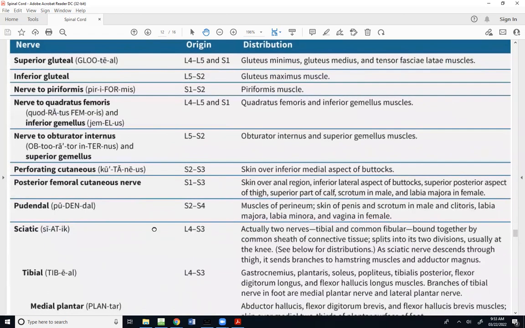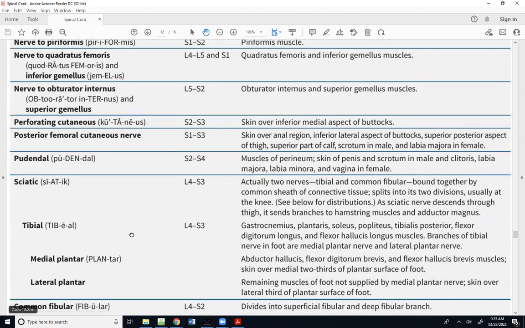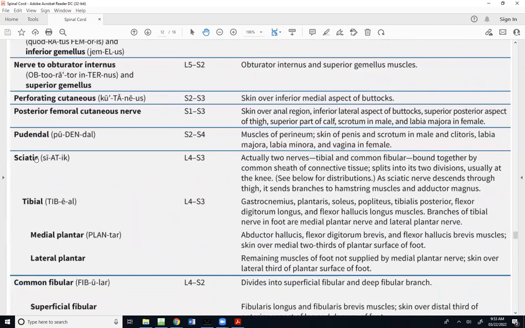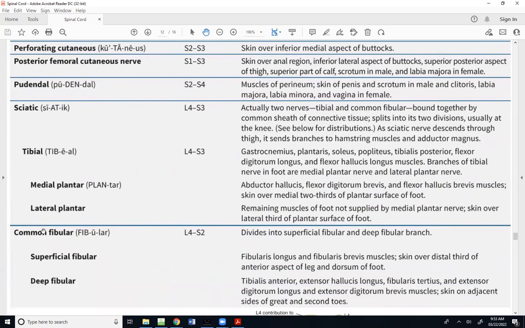I'll skip down to the perforating cutaneous, posterior femoral cutaneous nerve, pudendal, which I mentioned a couple seconds ago, the sciatic, which is actually the largest nerve in the body. There's 2 of them actually, so sciatic nerves. But as you can see listed over here, it says it's actually 2 nerves, and that's what we see here, tibial and common fibular.